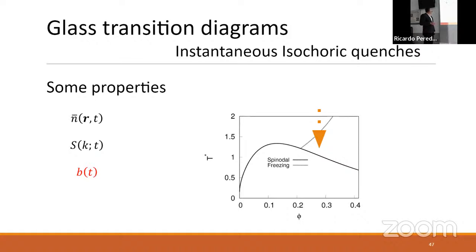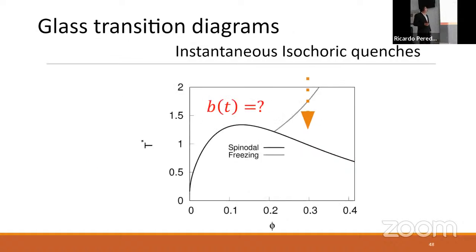So what we'll be doing is, particularly, following the mobility quantity along the quenches that we will be doing. So the question will be, what's the mobility for a certain quench along the phase diagram of our system?